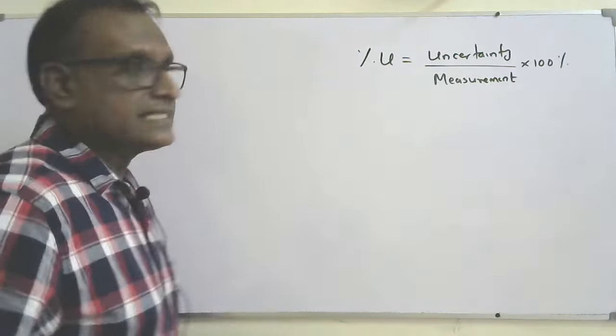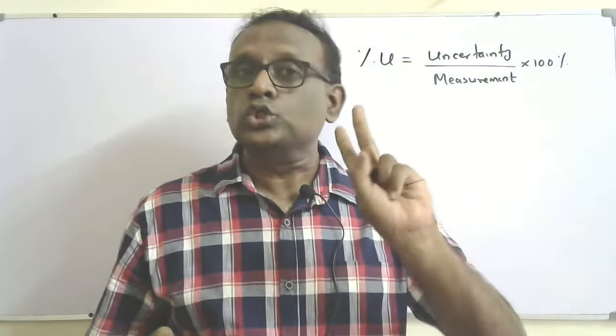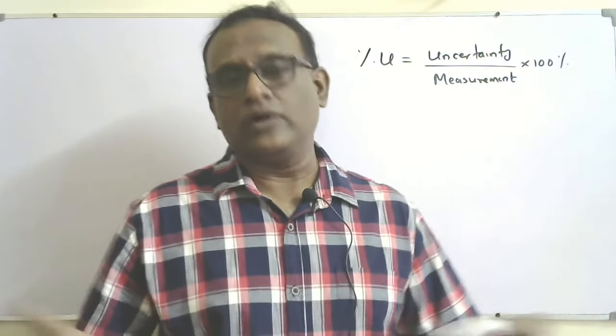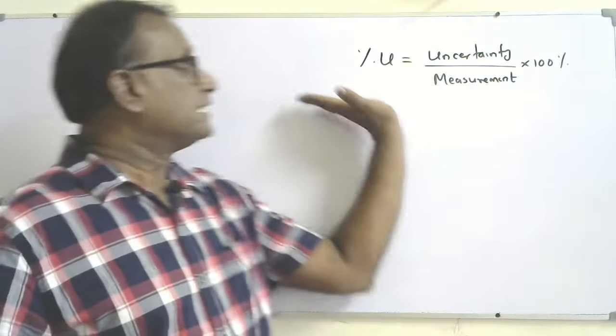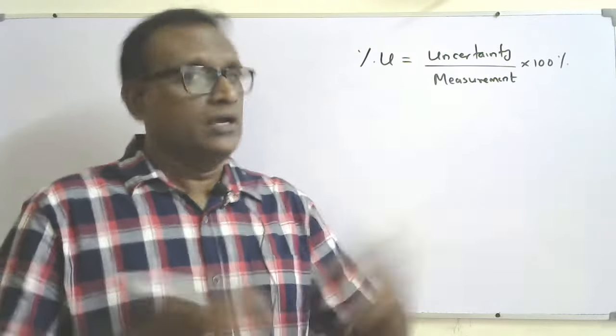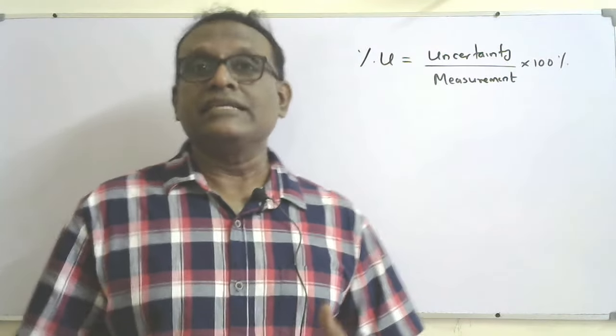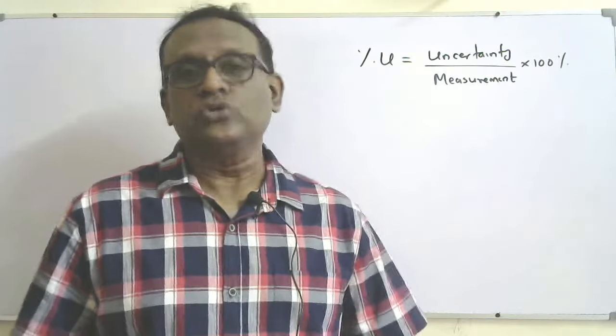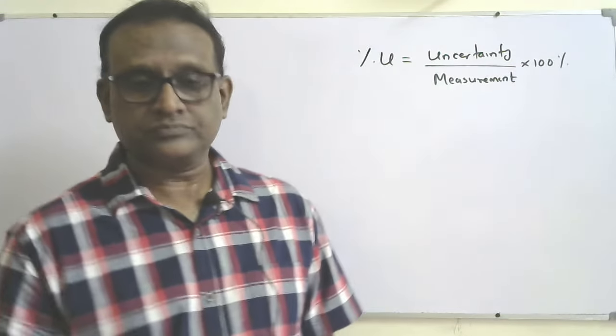Normally, in Edexcel, percentage uncertainty is given in two significant figures. Remember that there's no particular reason, but normally percentage uncertainty of a single measurement is given in two significant figures. Okay, based on this, I'm going to do a simple question now.